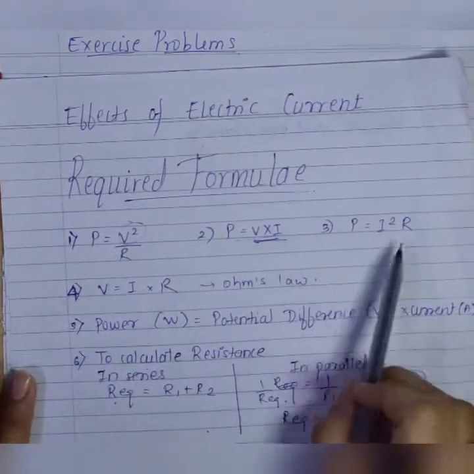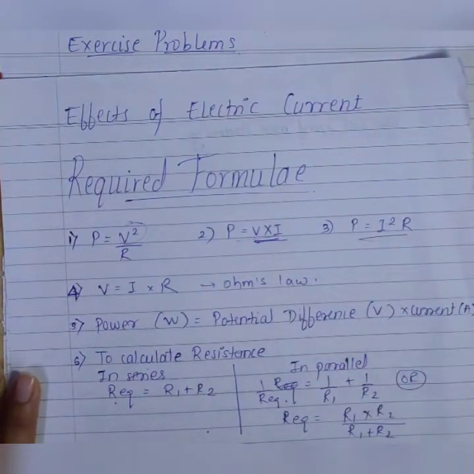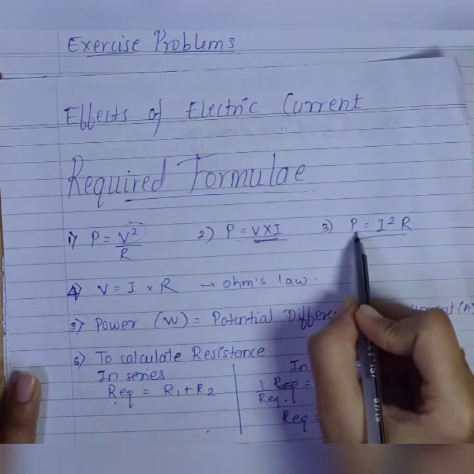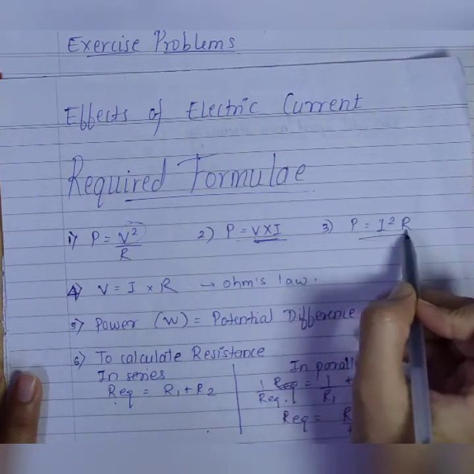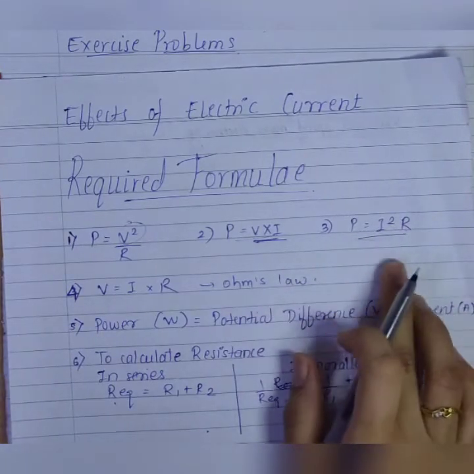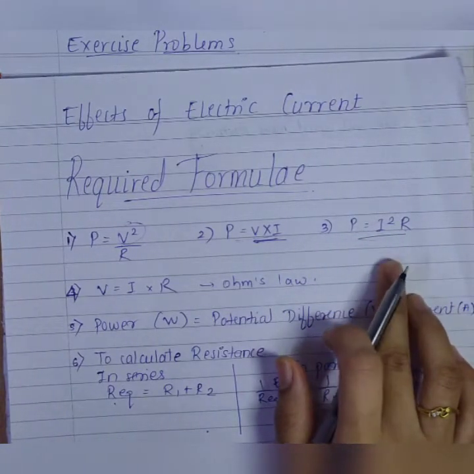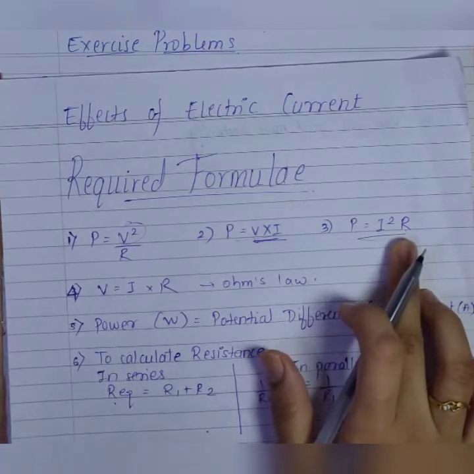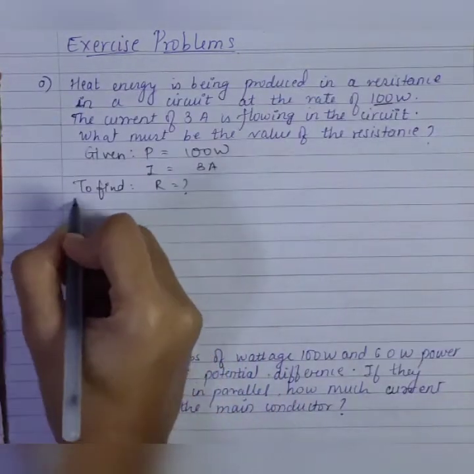This is the formula I found where I have P, I have I, and I have to find the resistance. Adjusting this formula as per my requirement will satisfy the need of the problem and I can find my R. So let's write down this formula.